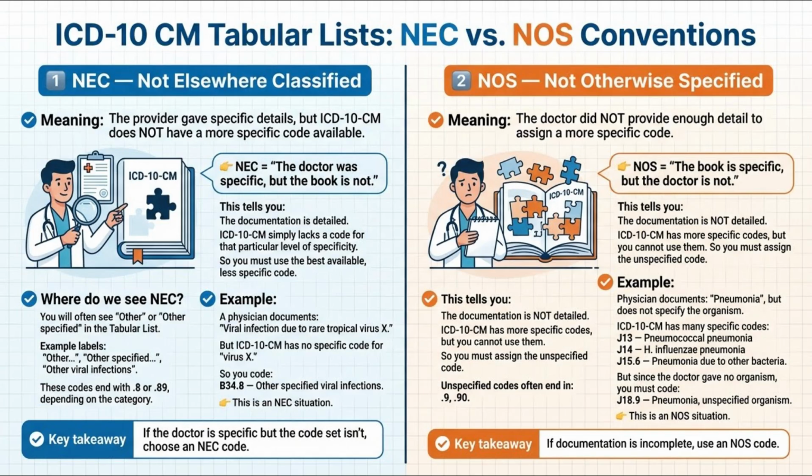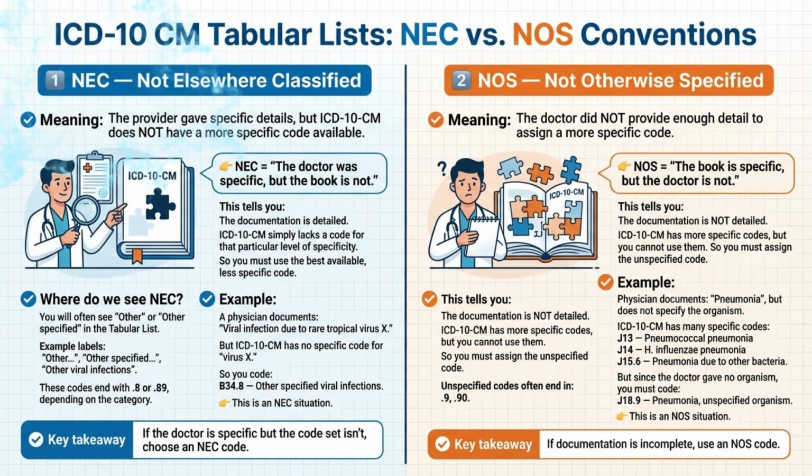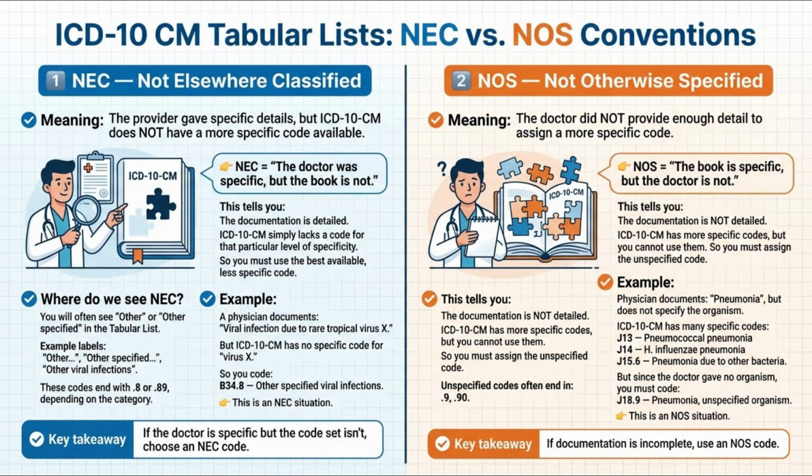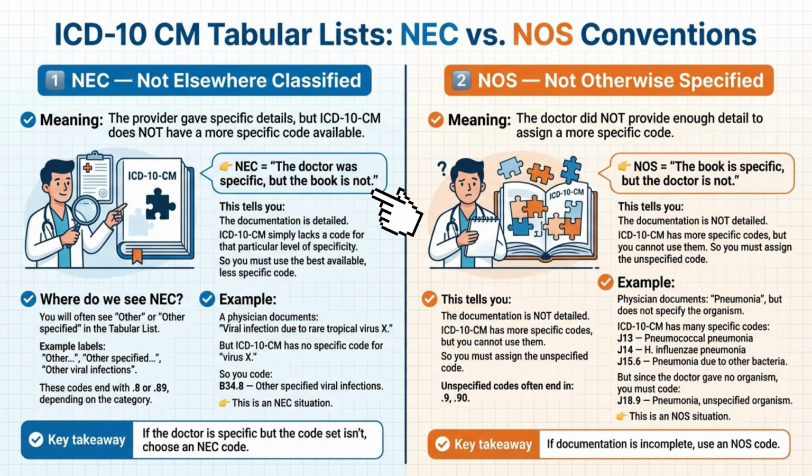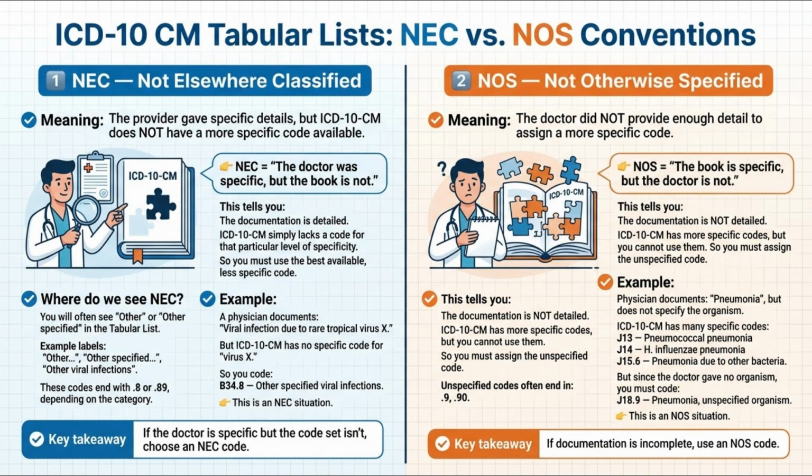NEC versus NOS in ICD-10-CM. Here's the difference between NEC and NOS in ICD-10 in seconds. NEC, not elsewhere classified. The doctor gave specific details, but ICD-10 has no more specific code. So, NEC means the doctor is specific, but the book is not. Example, a rare virus not listed in ICD-10, B34.8.